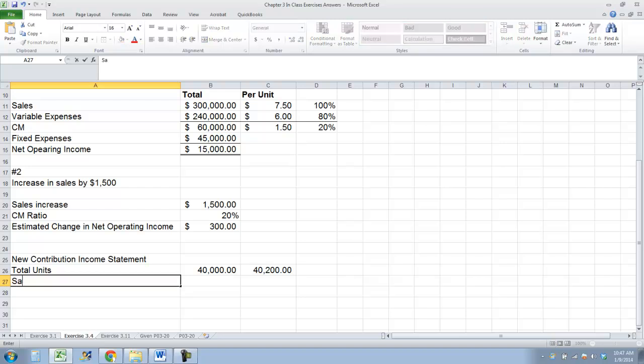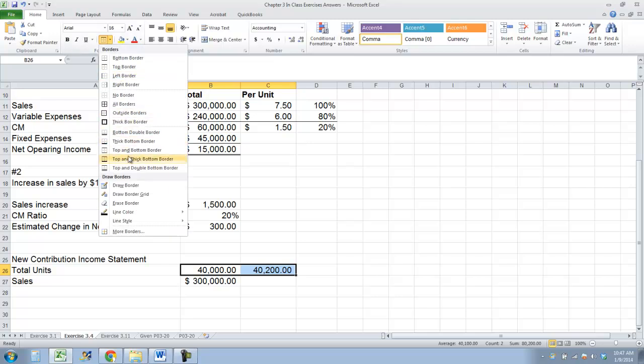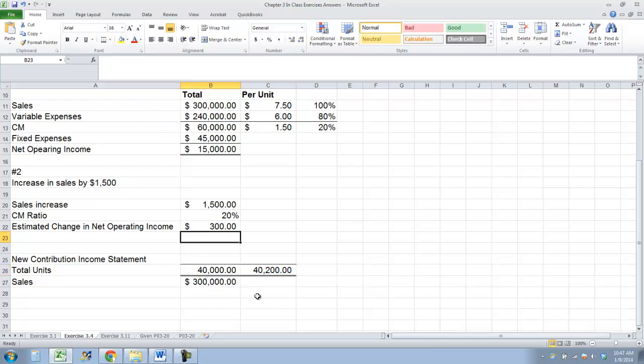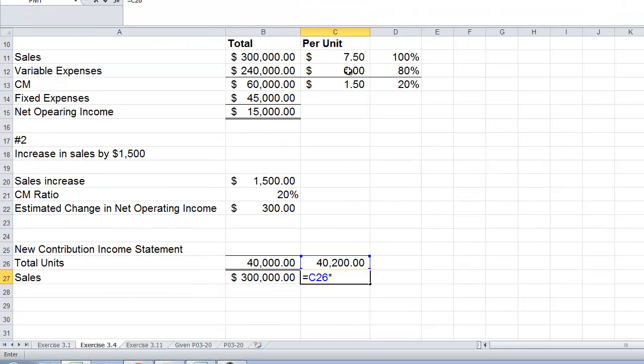So then we have sales, and this is going to compare the two income statements.